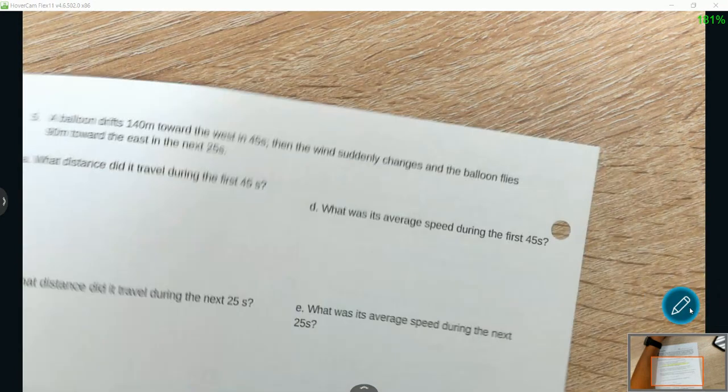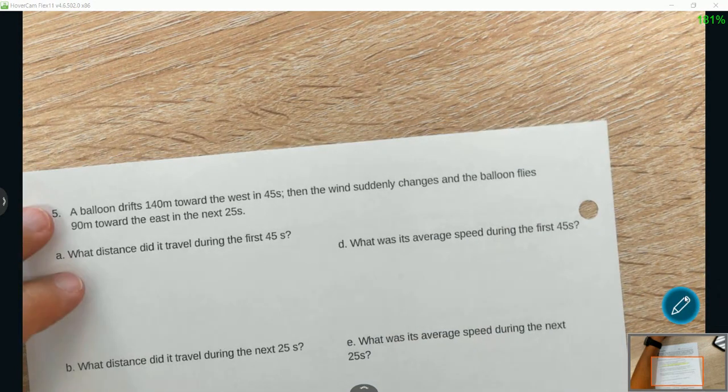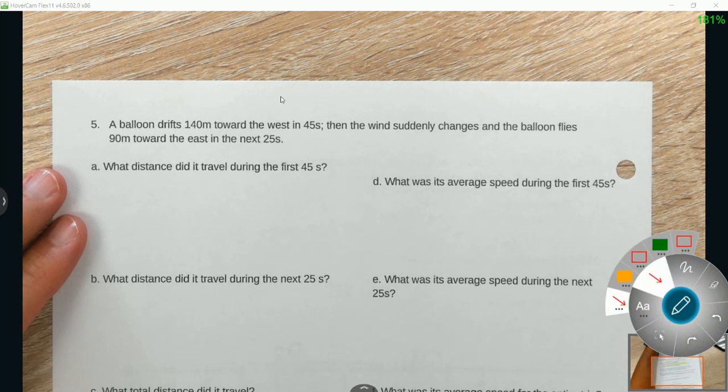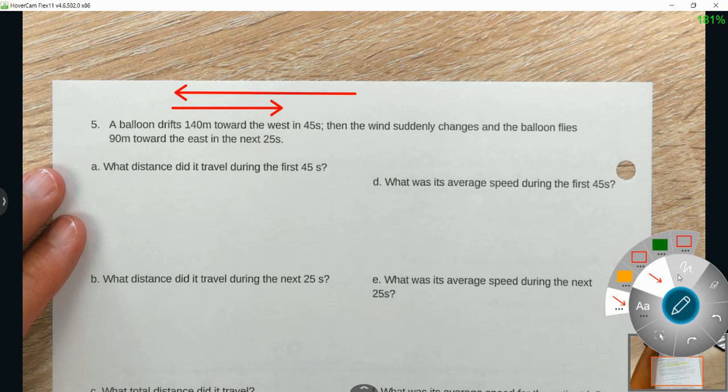Okay, let's go to the back side. So on this, a balloon goes 140 meters to the west in 45 seconds. Then the wind changes and it goes 90 back towards the east in 25 seconds.